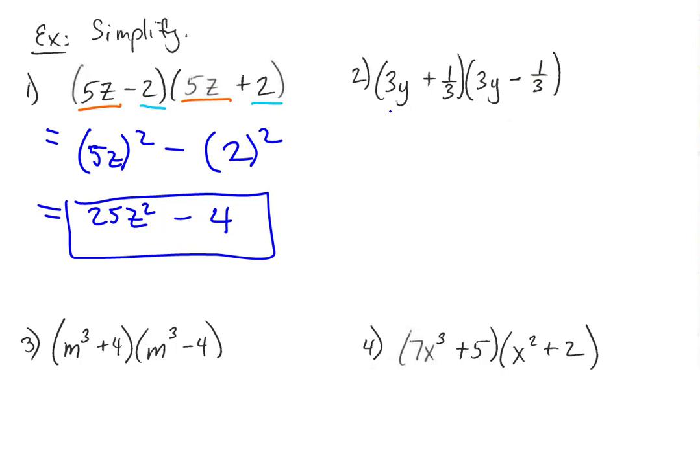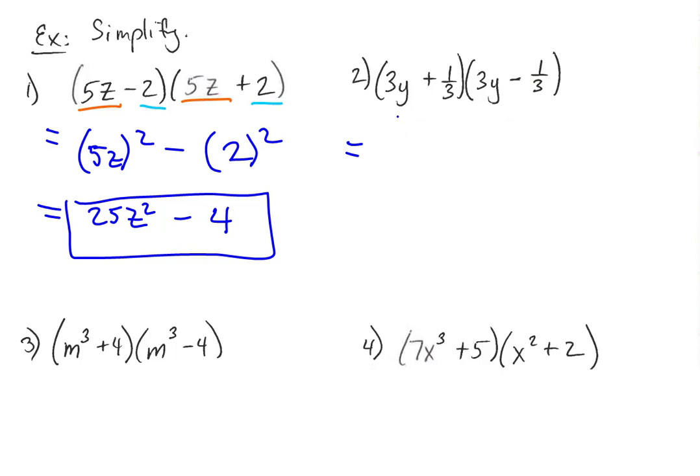A next example involves two parentheses, and at the beginning they include 3y plus 1/3 and then 3y minus 1/3. Notice the plus and minus, these always have alternating signs, but the order of those doesn't matter. In the first example, the minus was first and then the plus. In the second example, the plus is first and then the minus, but the order of those two signs doesn't change the formula.